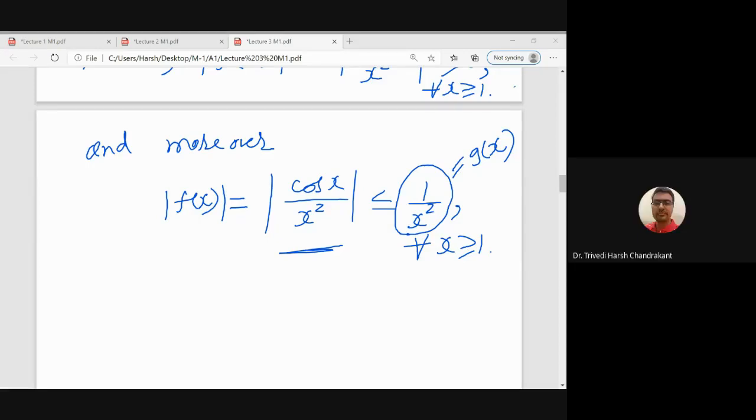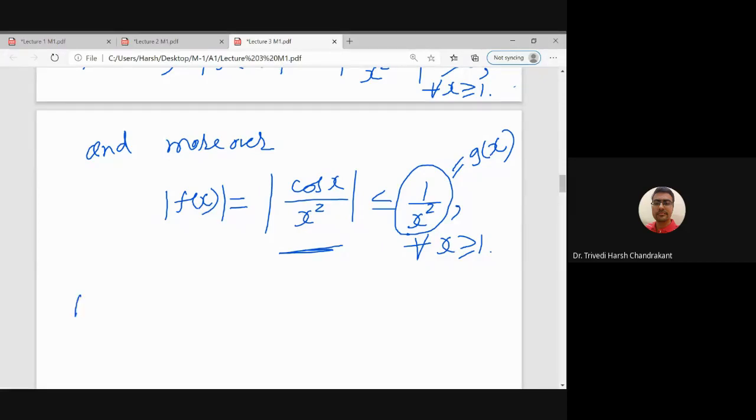So where we stopped is that we have compared the given function, modulus of f(x), which is modulus cos x by x square, and it is less than or equal to 1 upon x square, which is the g(x) function.